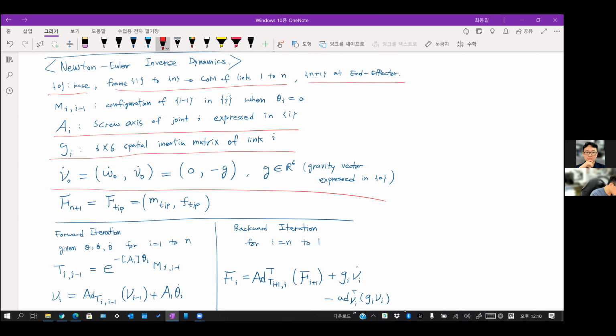And this one is the spatial acceleration in the 0 base frame, which is basically set to 0, 0, 0, and 0, 0, minus g. Actually, this one is a 6 by 1 vector. So this one is the gravitational acceleration constant.